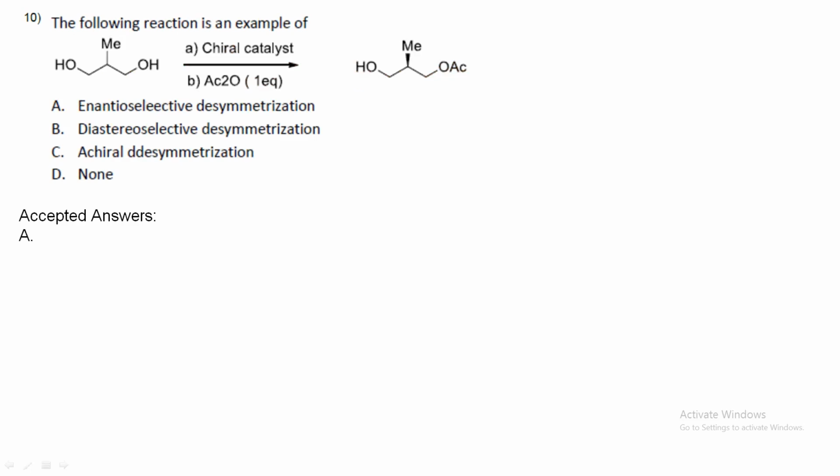So here they have used a chiral catalyst and acetic anhydride treatment. Non-selective desymmetrization, selective desymmetrization, or achiral desymmetrization? So a chiral center is there, so it should be selective, or enantioselective.